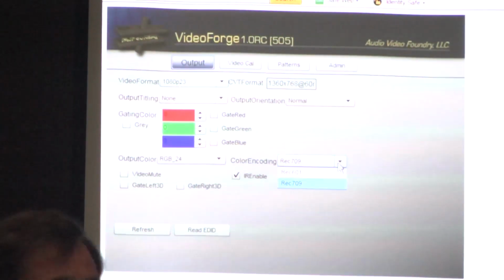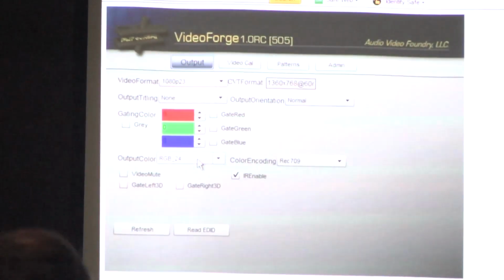All my test signals are in the red, green, and blue domain. And if I'm coming out YCrCb, I can encode them as 601 or I can encode them as 709. There's a fair amount of flexibility. At the moment, I'm outputting RGB 444.